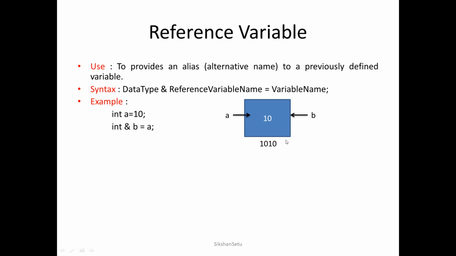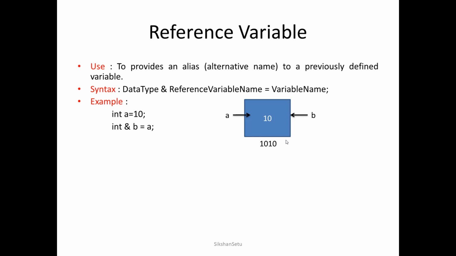Now we try to understand this by one non-technical example. Assume there is a student named XYZ who gets admission in a college. Before getting admitted, that student is identified by his or her name, XYZ. Since the student got admission, the college gives a unique identity to that student.